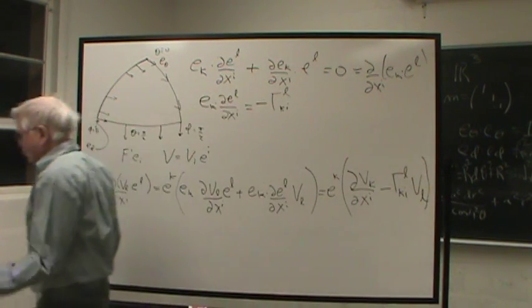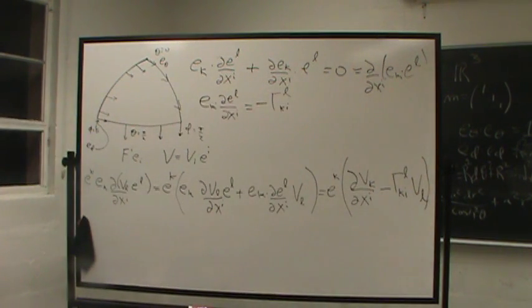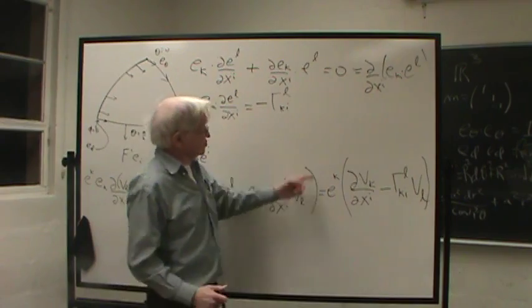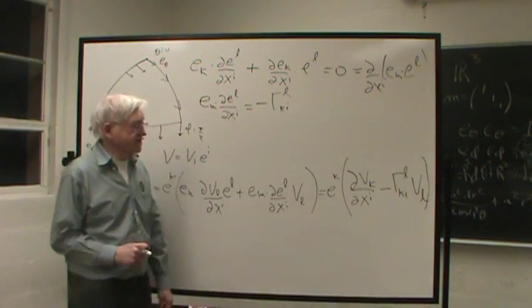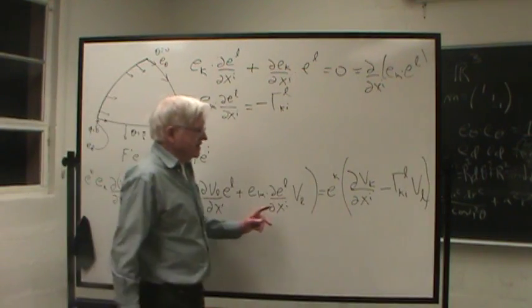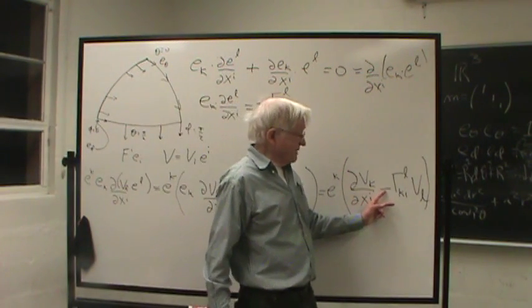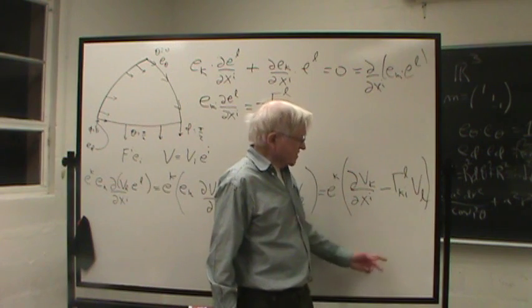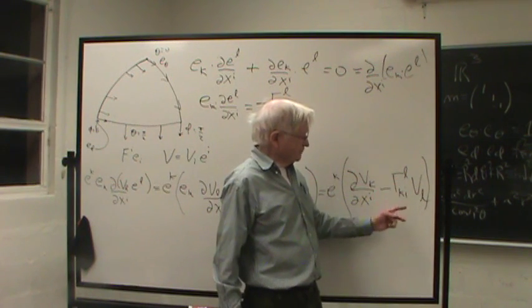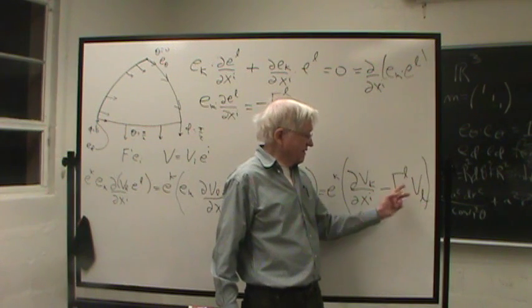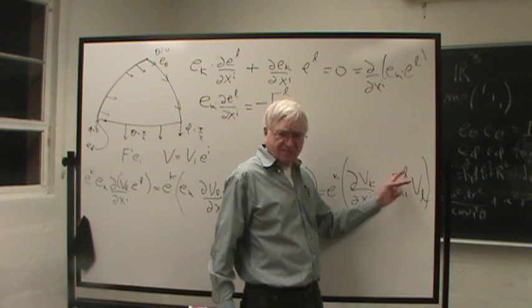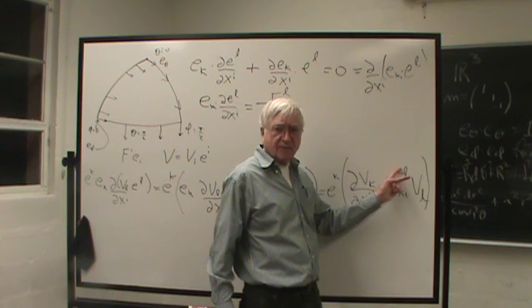So it's basically the same rule as for the ordinary covariant derivative written in terms of contravariant components and covariant basis vectors. The difference is that this has a minus sign, and also that since the components are covariant, the Christoffel symbol comes in with an upper index here.